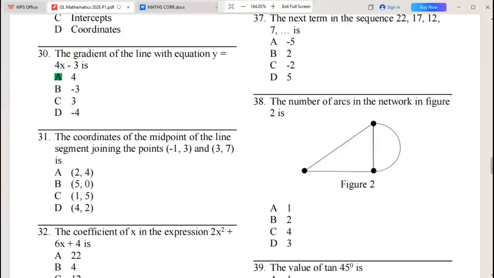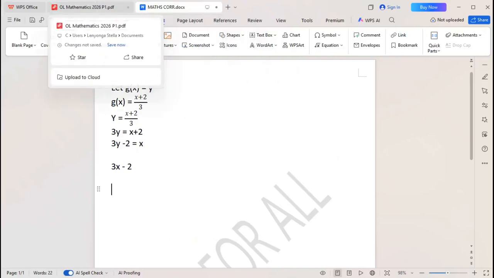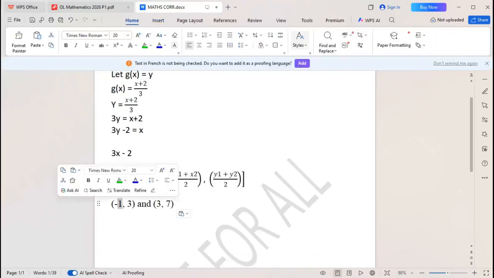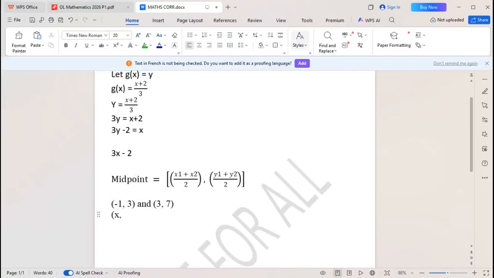Question 31. The coordinates of the midpoint of the line segment joining the points minus 1, 3 and 3, 7 is... Now the coordinate of the midpoint of 2 points is given by this: the midpoint is equal to x1 plus x2 divided by 2, comma, y1 plus y2 divided by 2. Take note that points are usually written in the form x, comma, y.